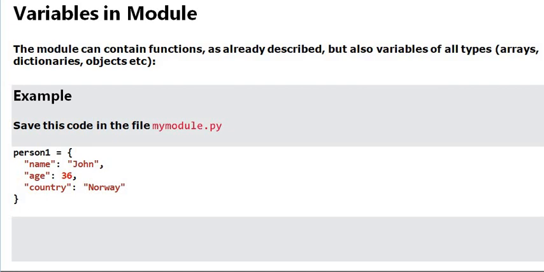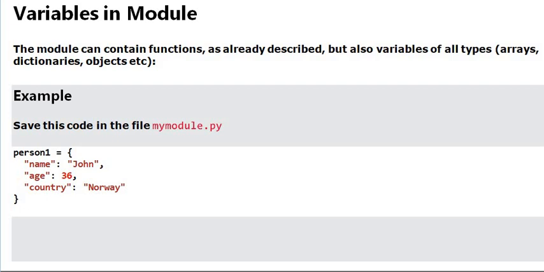Look at this example. So we have person1, name John, age 36, country Norway. This is a dictionary. The module can contain functions and variables of all data types like arrays, dictionaries, everything.